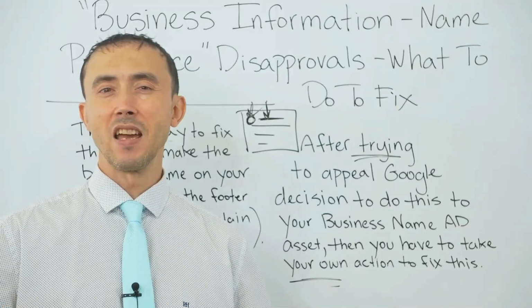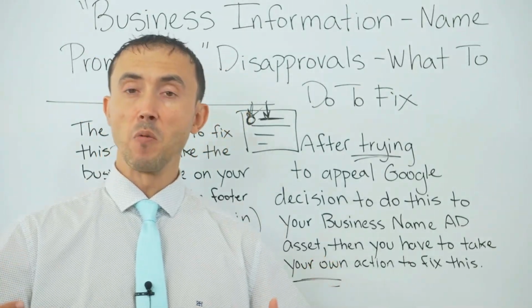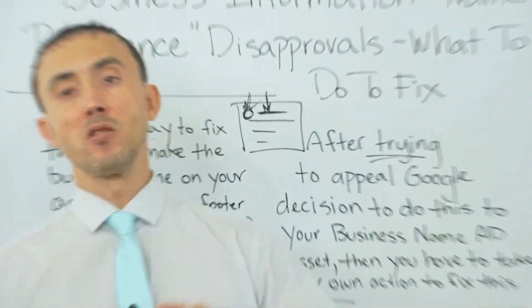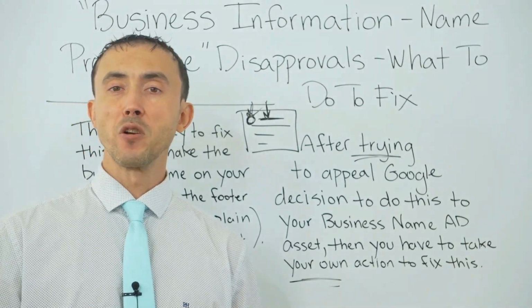I'd say at least half of the time. And if you appeal and get denied, what you need to actually do is get in touch with support and ask why this got denied, because you do not know that there's a false positive, so that you don't burn your bridges with support.